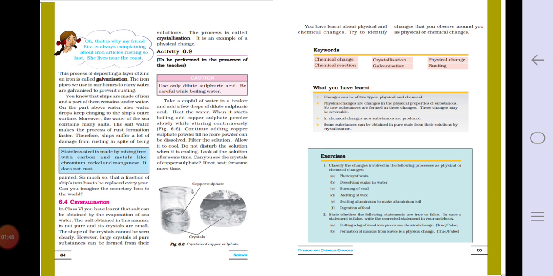The salt obtained in this manner is not pure and the shape of its crystals cannot be seen clearly. So whatever salt is obtained from the seawater, the crystals are not of proper shape and there are also many impurities in it. So large crystals of a pure substance are formed from their solution, and this process is called crystallization.